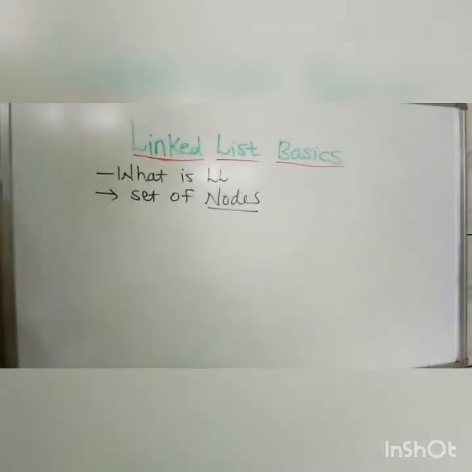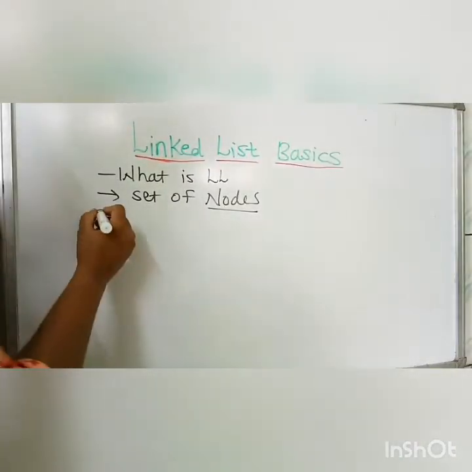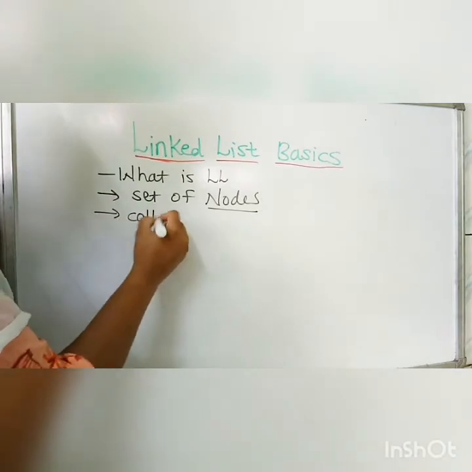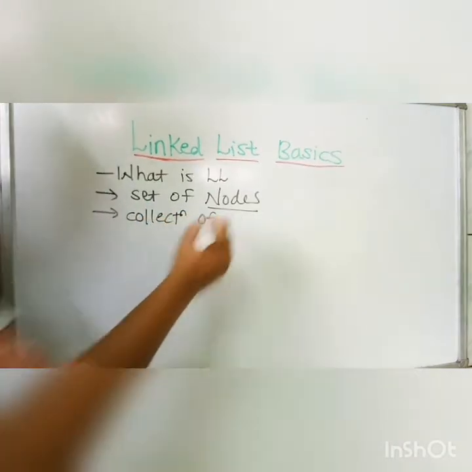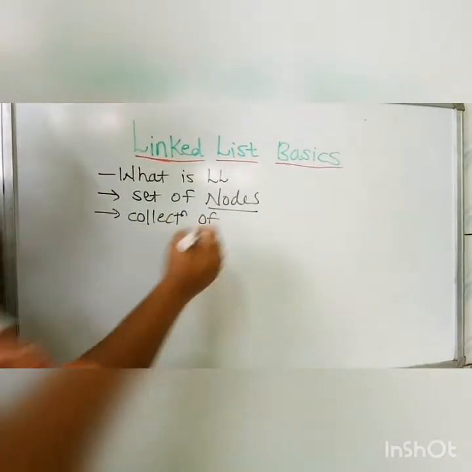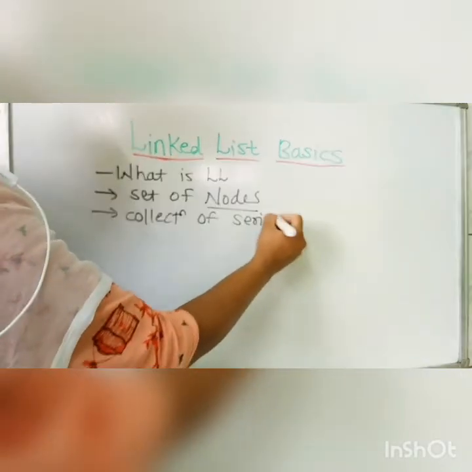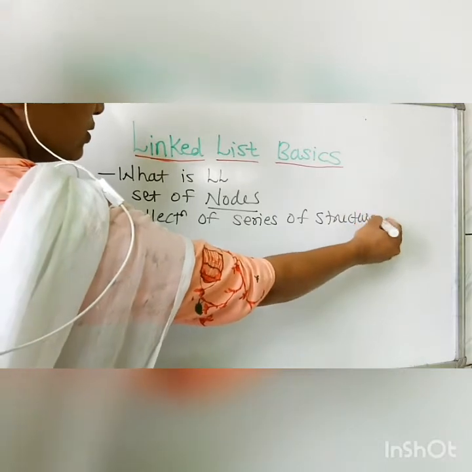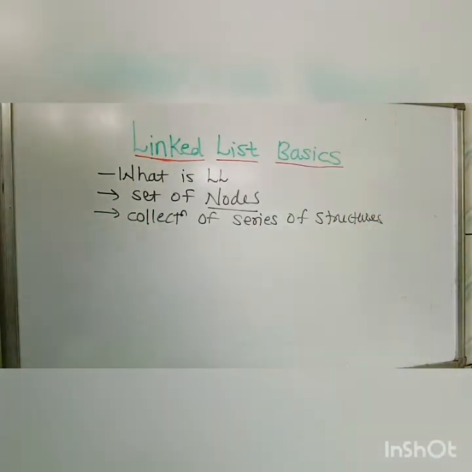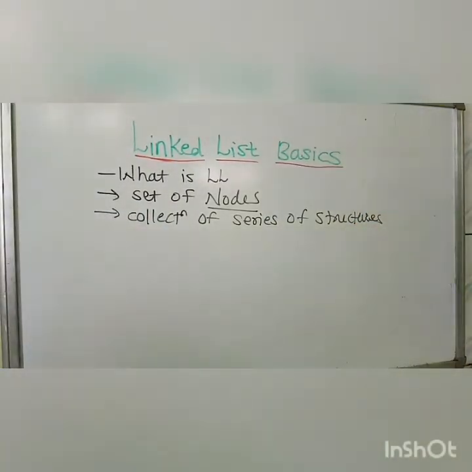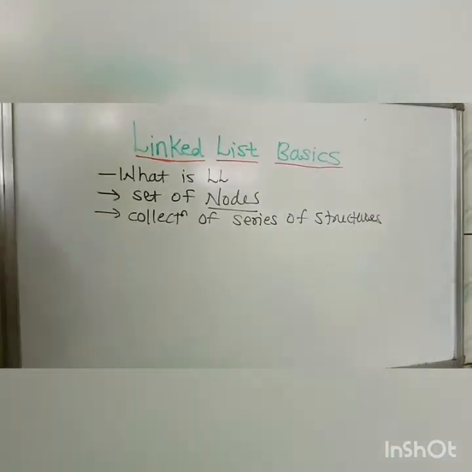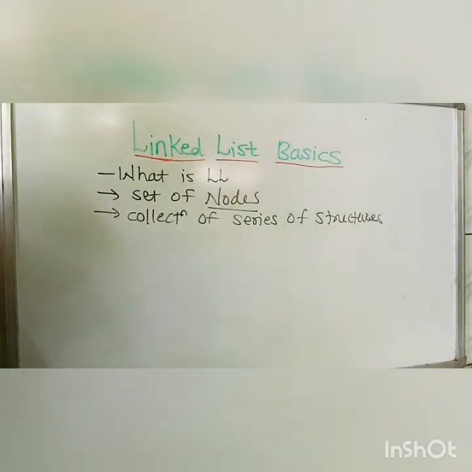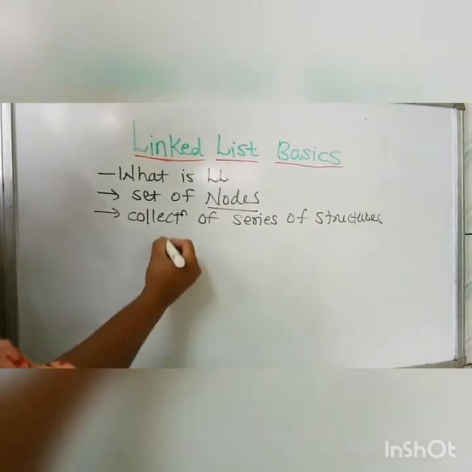We will see it. What is the node? It is nothing but a collection of a series of structures. So first of all, we will try to study the mechanism, that is the node.